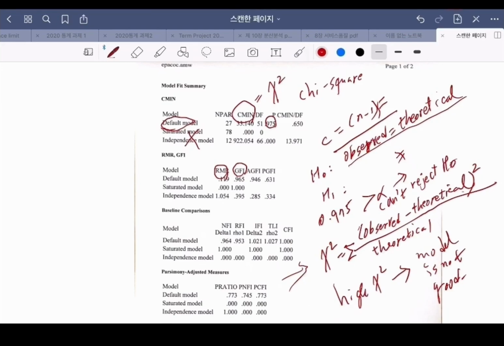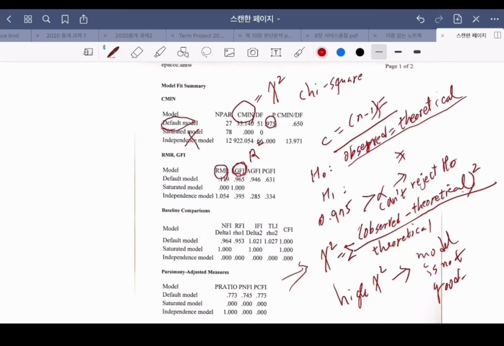And GFI is the goodness of fit index. This is kind of like R square in regression. Remember that R square is explained variation over total variation.